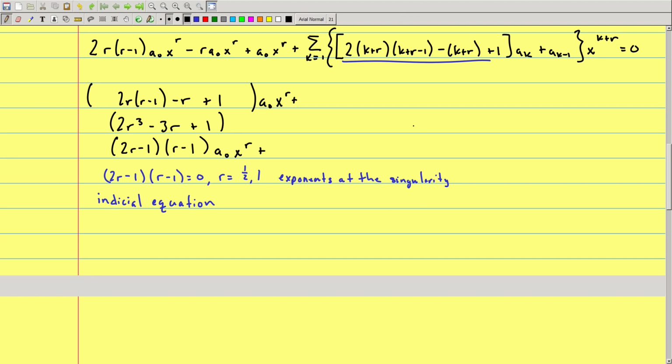So let's go ahead and write down the recurrence relation while it's on screen, and then we'll copy it down here in a second.